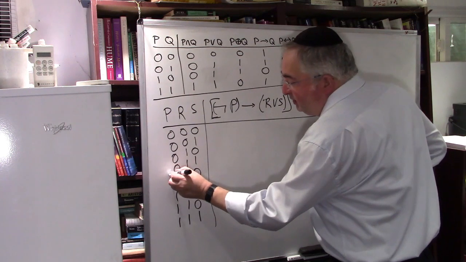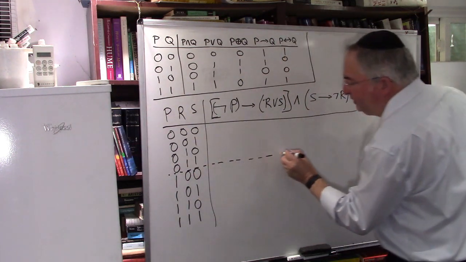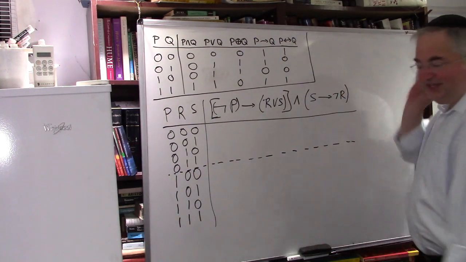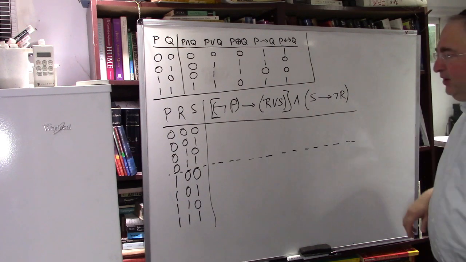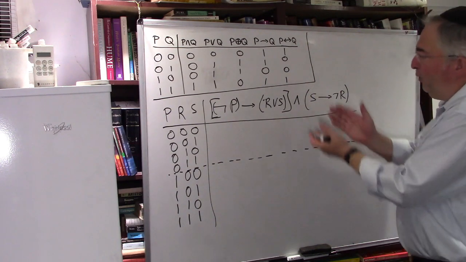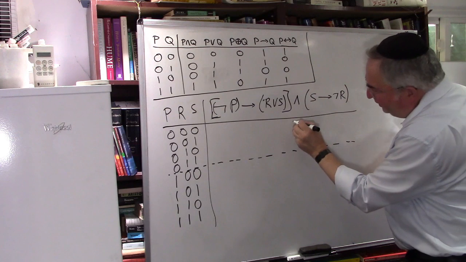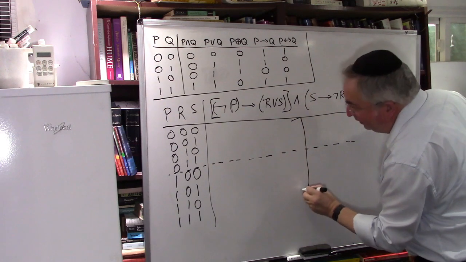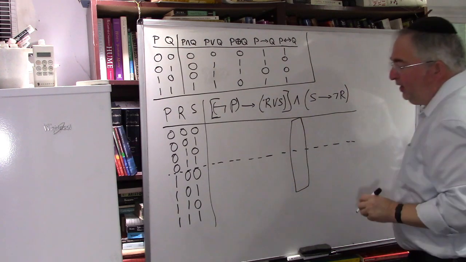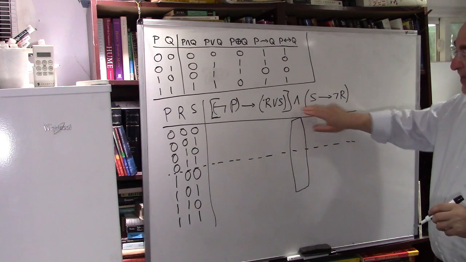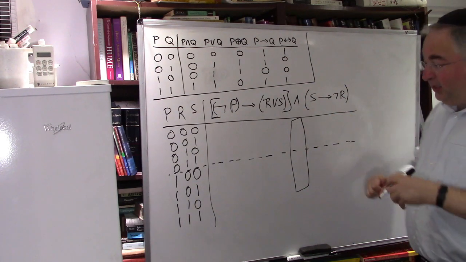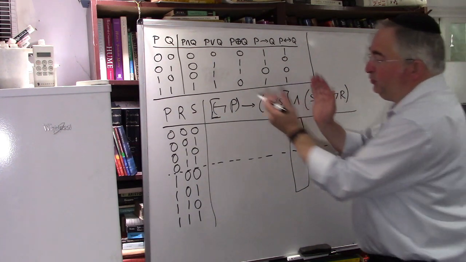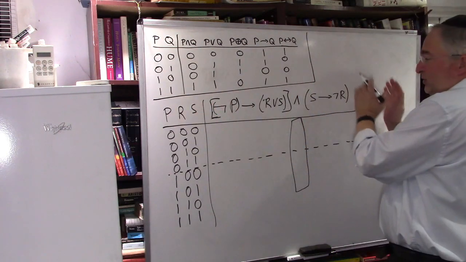And like I explained before, I need to put this line, otherwise I get sloppy. Okay, good. So, I want to get the final answer. The final answer will go right over here because that's the outermost operation. But in order to get to that, I have to do what's on the left and what's on the right.